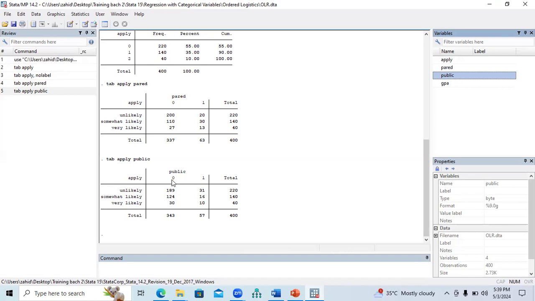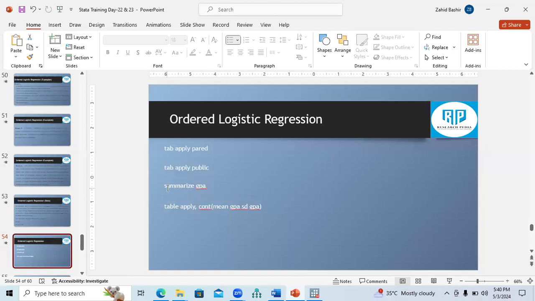Here you need to understand that 0 means private and 1 means public. So 124 students are somewhat likely to apply to private institutes, and 16 students are somewhat likely to apply to public institutes. In the same way, 30 students are very likely to apply to private institutes, and 10 students are very likely to apply to public institutes. So this is how you can apply the descriptives.